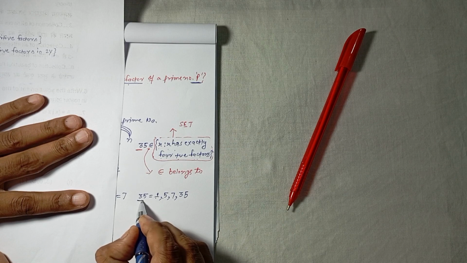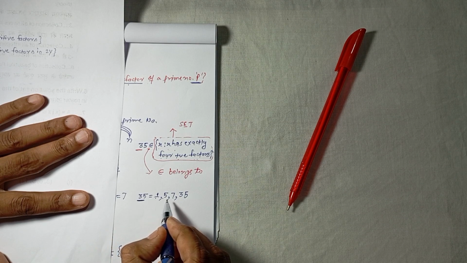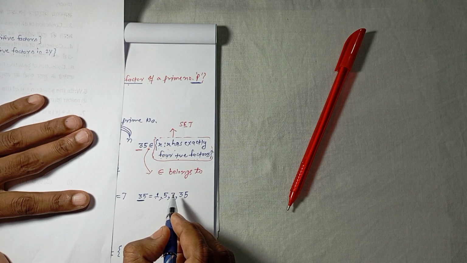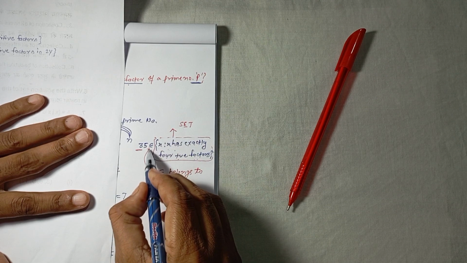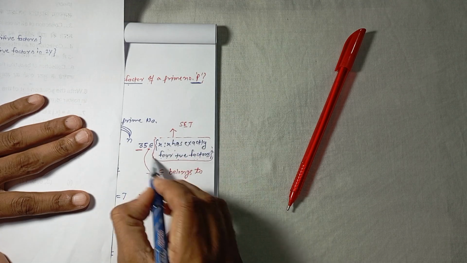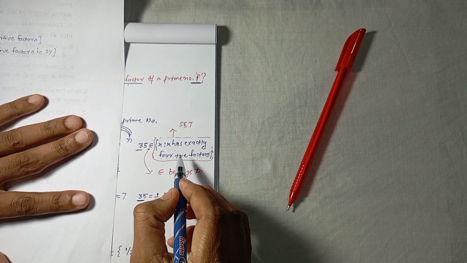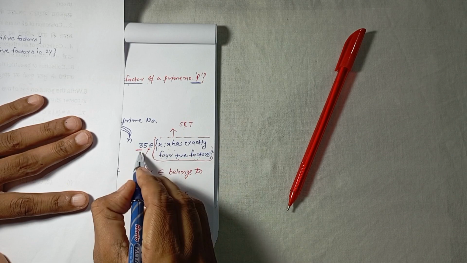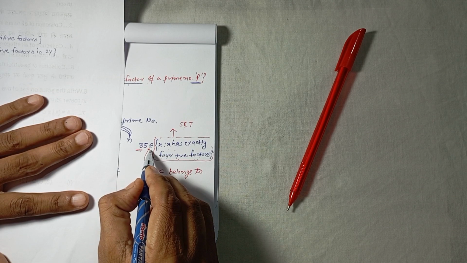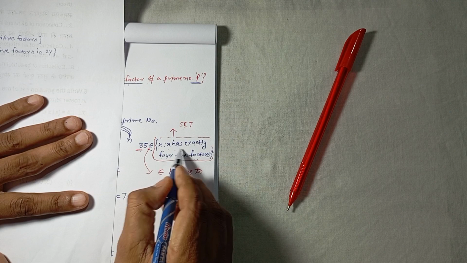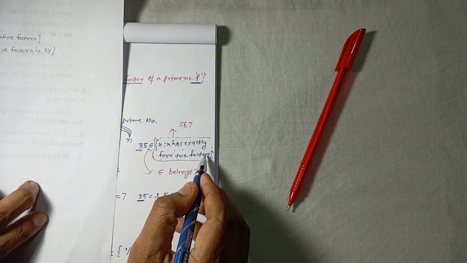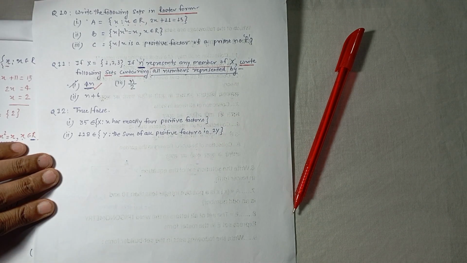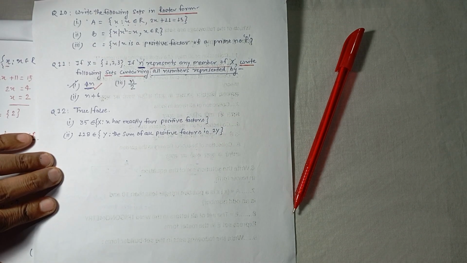So 35 is fulfilling the property of the elements expressed in the set given on the right hand side. Clear? So this statement is true. 35 must belong to this set, as 35 also has exactly 4 positive factors. Okay. Now the second part of example number 12 is in your homework. Try it.